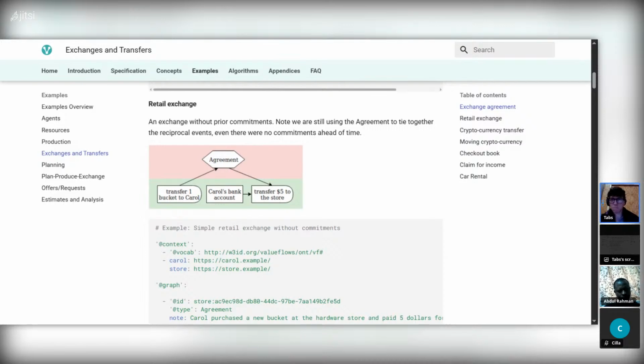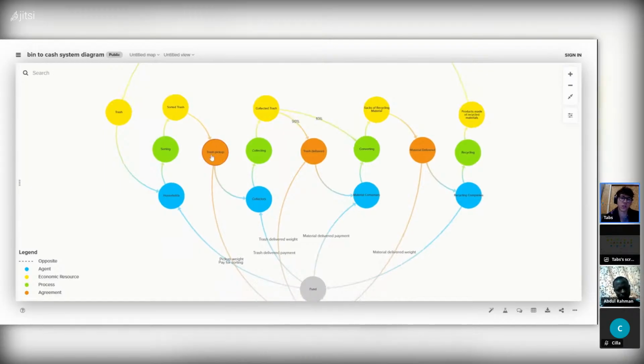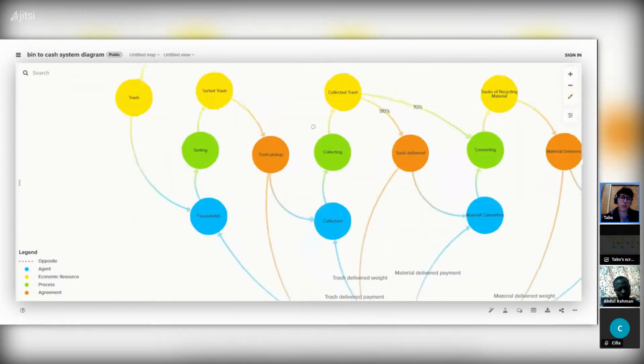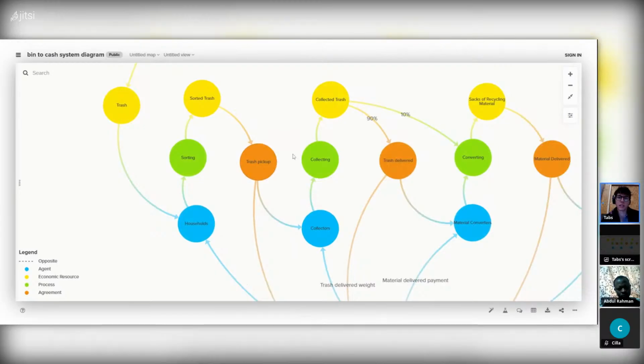So I think, if I remember correctly, for this exchange here, I remember now, we were focusing on this first exchange, and we were saying that the collector needs to pay the household at the time of the exchange. So it's not like something will happen in the future, it happens there and then.